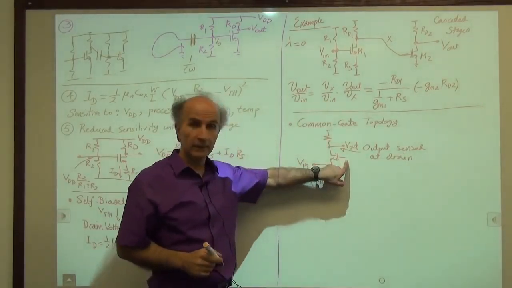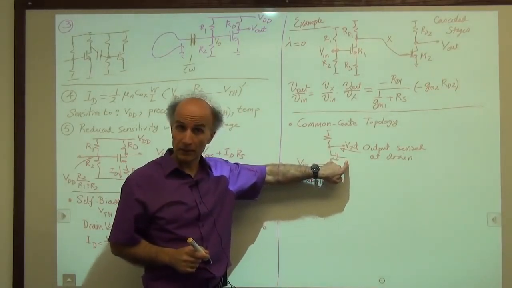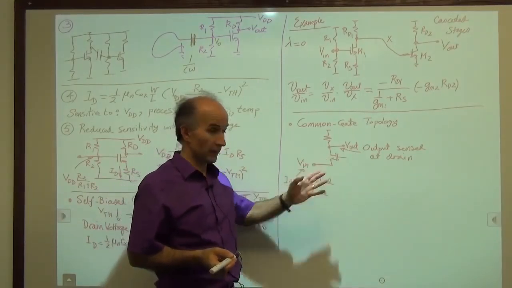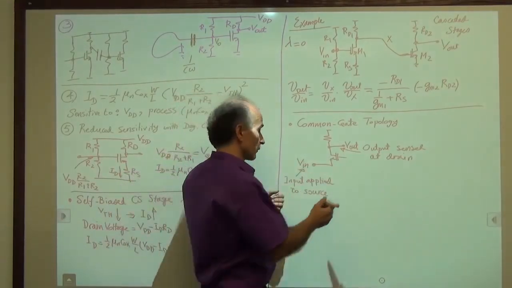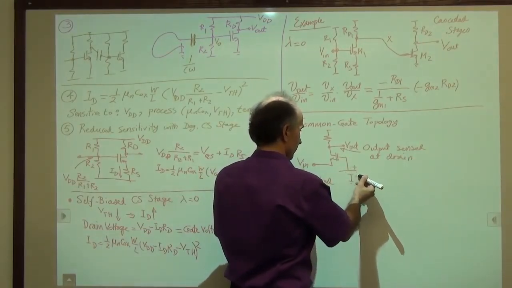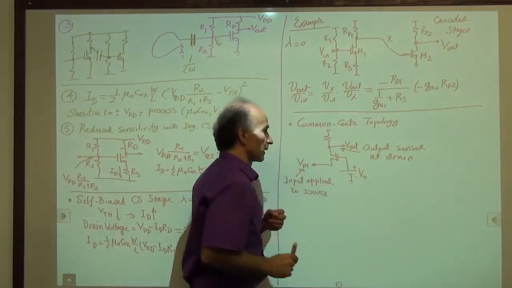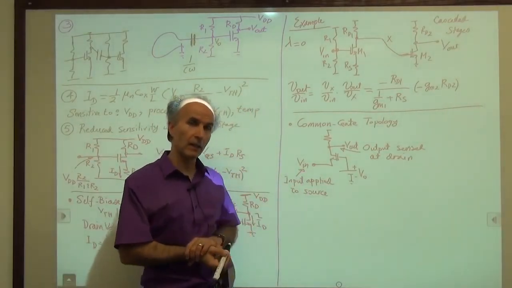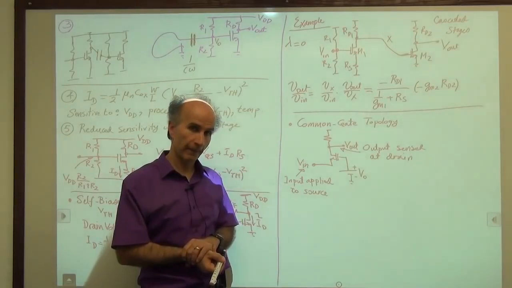What do we do with the gate? The gate doesn't receive a signal. Well, we have to connect it to some bias component. After all, this device must be biased correctly. So for now, let's just connect a battery here and call it something, V0 or whatever we want. We need some sort of biasing there. And this is a common gate stage.